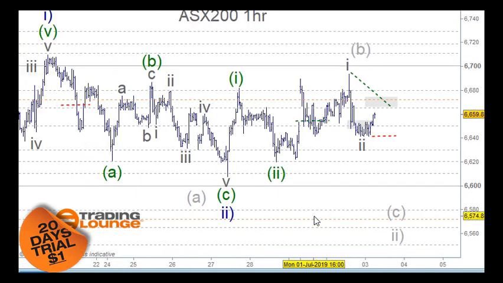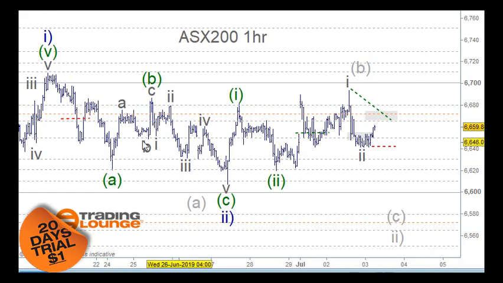So at the moment, last time we spoke, we looked at this as an A wave and a B wave and a C wave here, and that's plausible with a wave 2 here. But as an alternative, we've got an A wave here with an A and a B, smaller A, B, and 5 waves up here for wave C to make wave B here, and then coming down for wave C here.